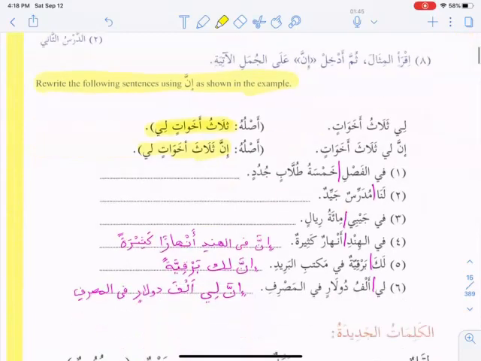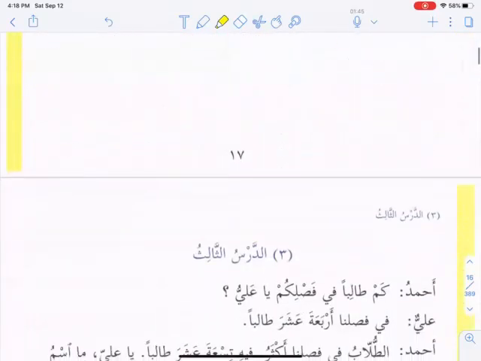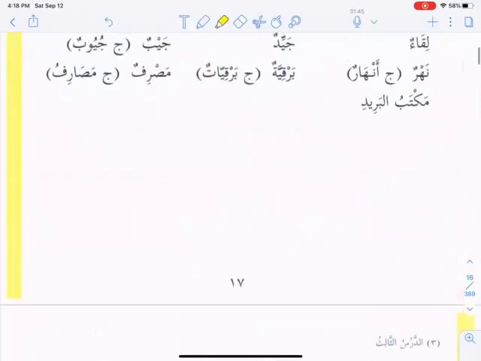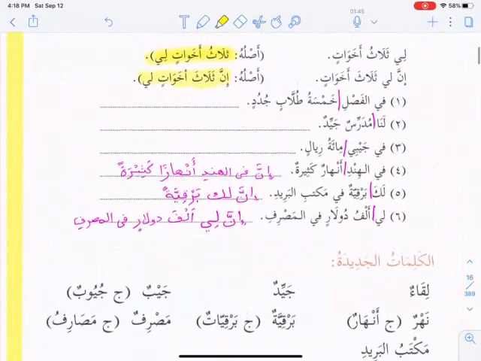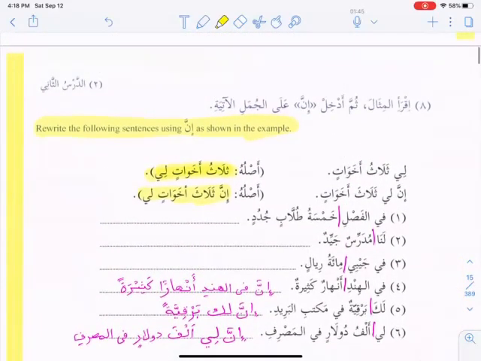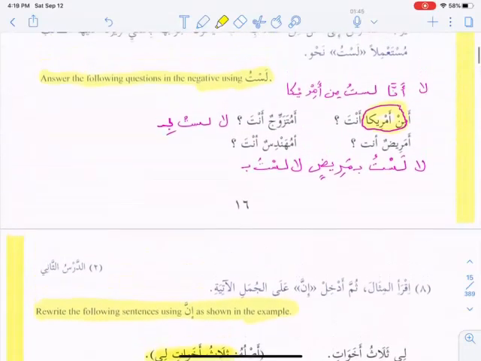Next week, inshallah, we'll start lesson 3, inshallah. But you have to practice a lot. Forget about analyzing laysa. I don't want you to spend too much time. We'll do it later on.